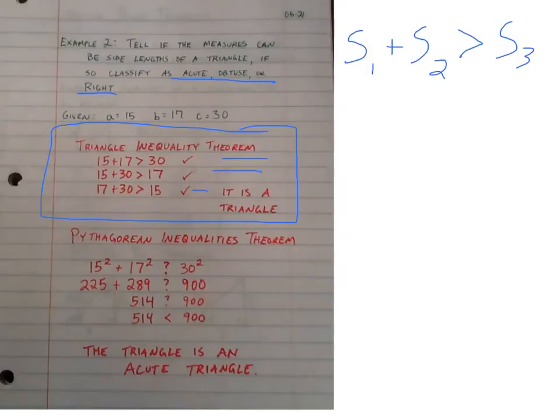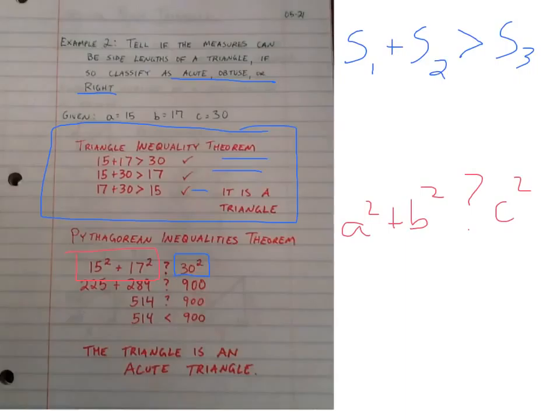From here, we apply the Pythagorean Inequalities theorem. So what we're going to do is we'll take the longest side and let that be our C. And we take the two shortest sides and let those be our A and B. So we're looking at the relationship between A squared plus B squared in relationship to C squared.